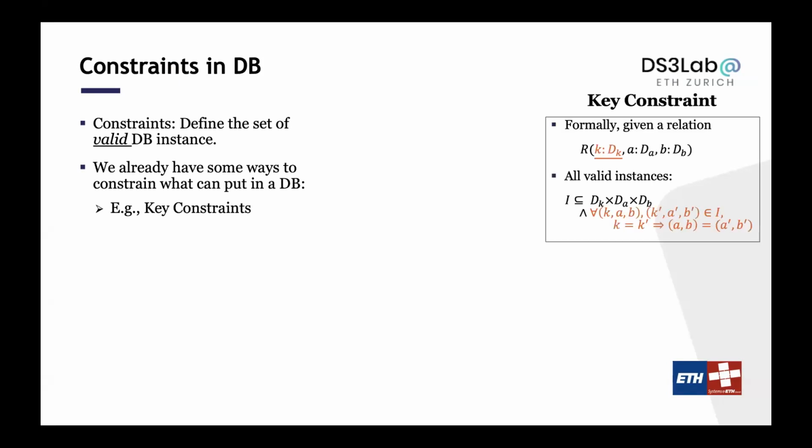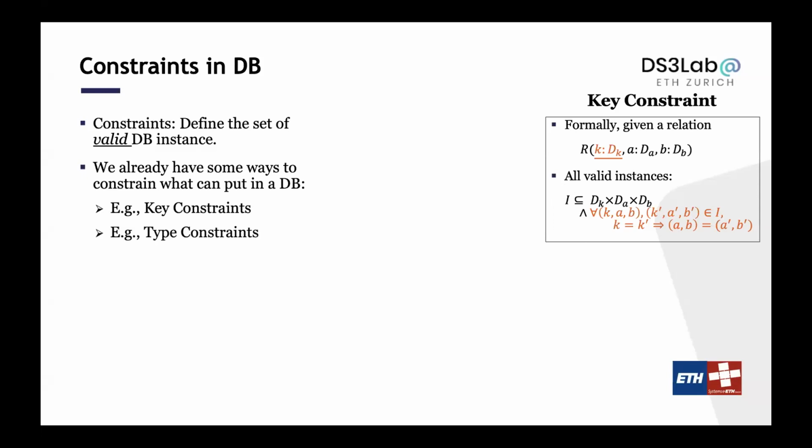And if you give me a relation with this primary key, essentially what you are trying to define is a set of instances that are valid. Here, this logical formula gives you a precise description of what type of instances you are actually allowing. So I only allow the instance I if it satisfies this property.